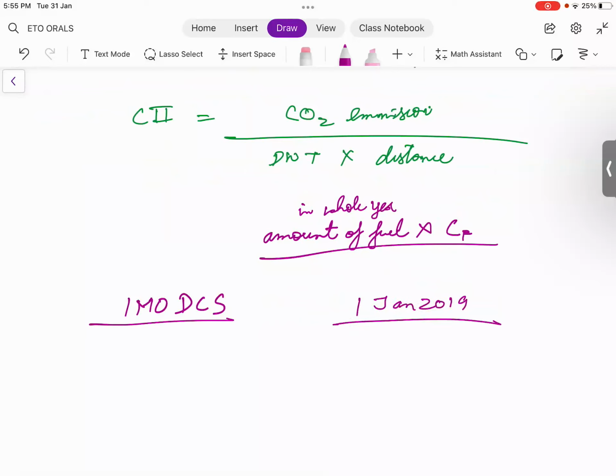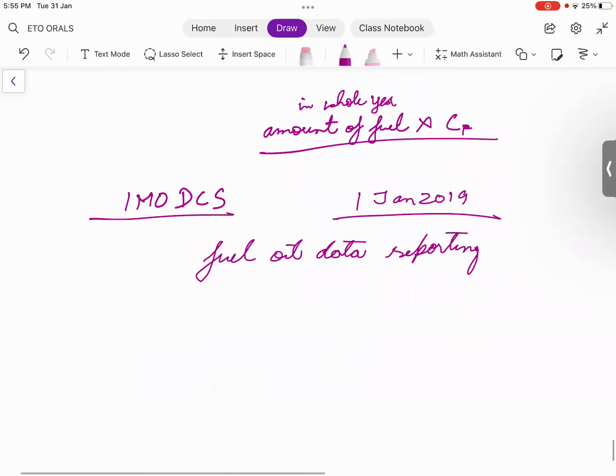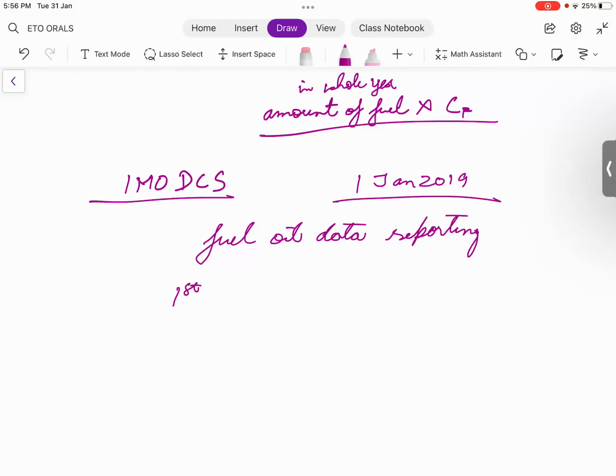It is also called fuel oil data reporting. What we do here is collect the whole data from 1st January to 31st December, the whole amount of fuel data. How much fuel you have burnt in the whole calendar year.